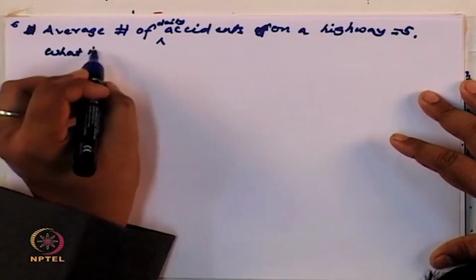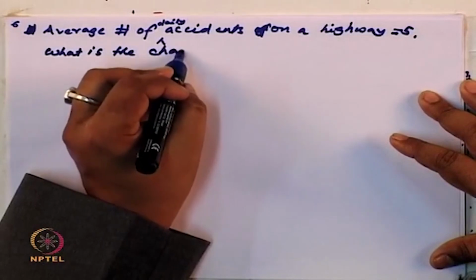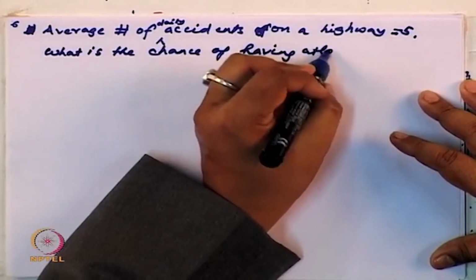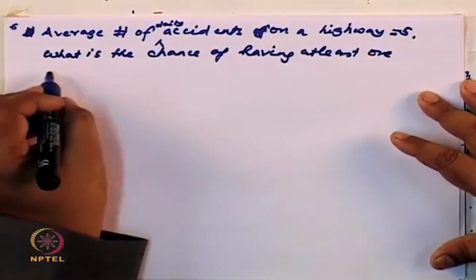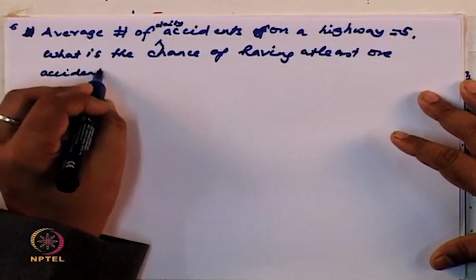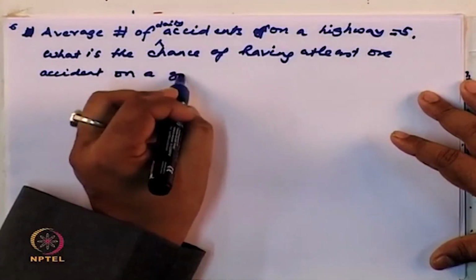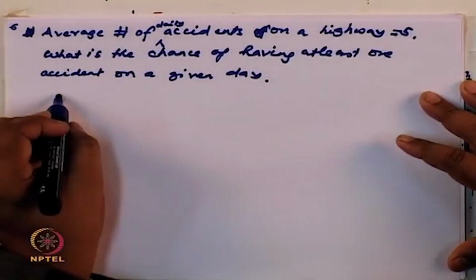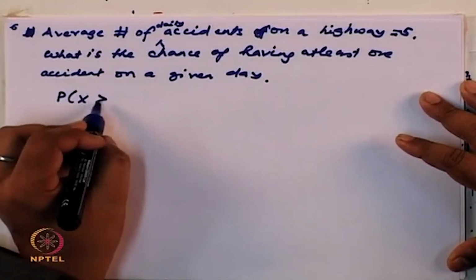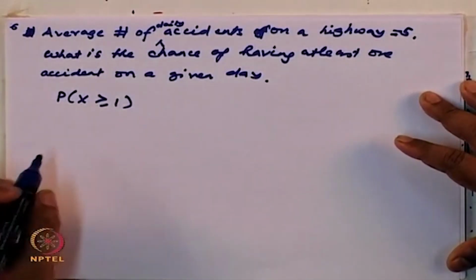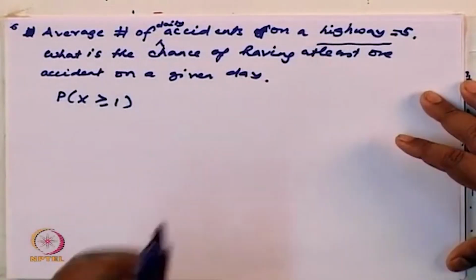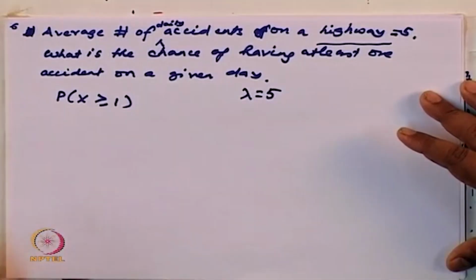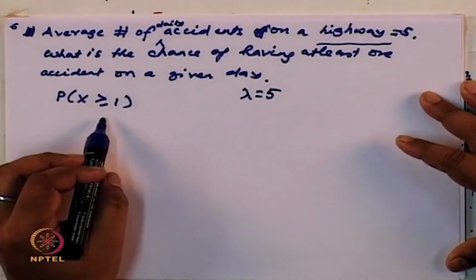What is the chance of having at least one accident on a given day? So what we want to do is calculate the probability of x greater than or equal to 1. Now your average number of accidents on a given highway is 5, which means that this is the parameter lambda. So lambda is equal to 5. Okay. So we want to calculate the probability of x greater than or equal to 1.